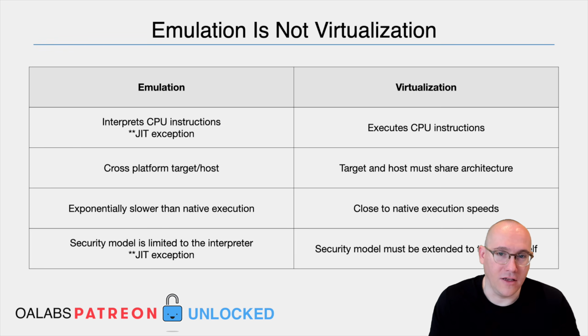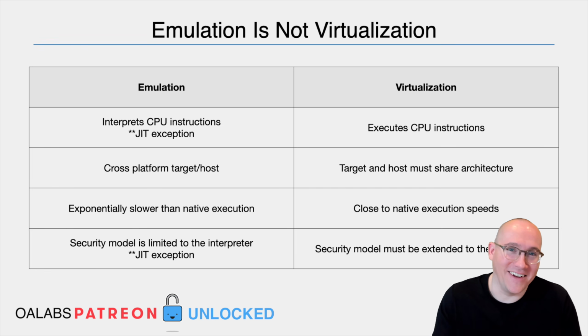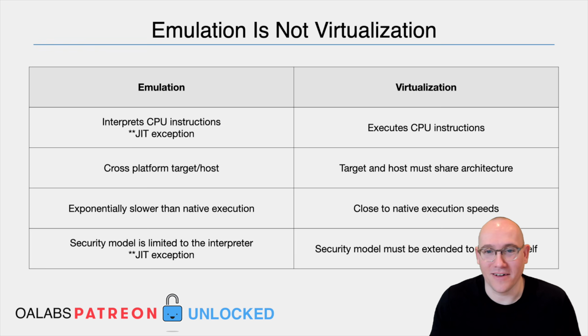Virtualization, of course, you are executing the target code on the CPU, so you need to have the same architecture on the CPU as the target that you're executing, right? You can't just take an ARM binary and virtualize, run it on an x86 CPU. It's not going to work, right? So that's another fundamental difference: you can have a different architecture between the target and the host for emulation, but for virtualization, they need to be the same.